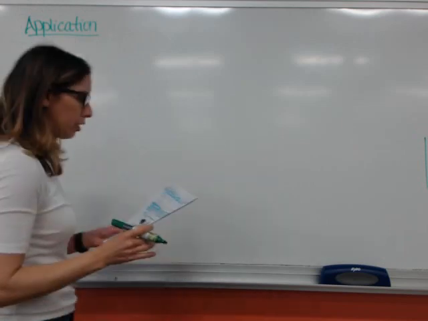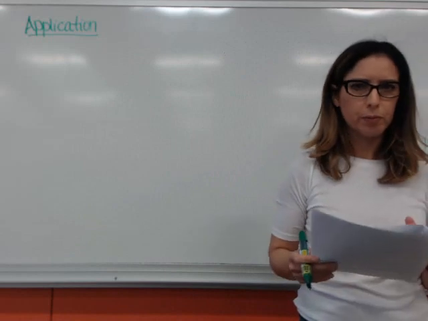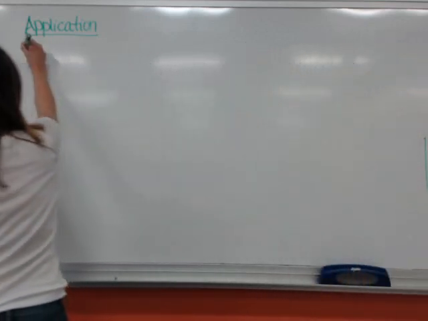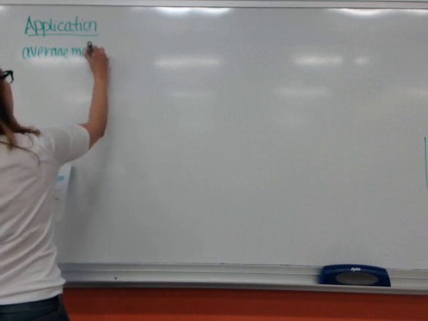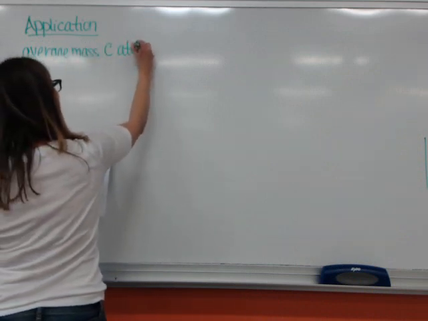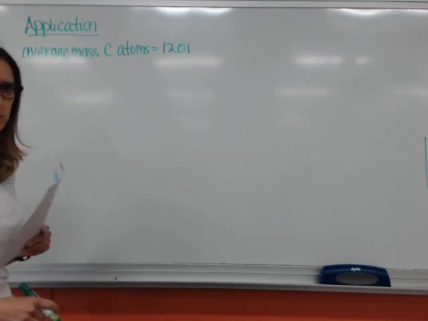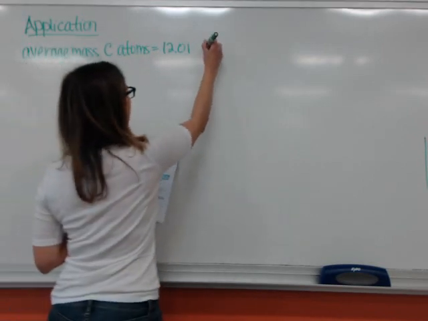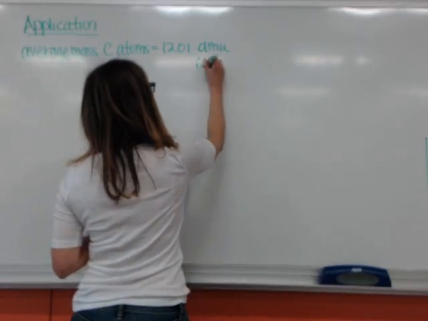And if you look at the box where carbon is on the right-hand side where the nonmetals are, the average mass of carbon atoms is 12.01, and the unit is AMU, atomic mass unit.